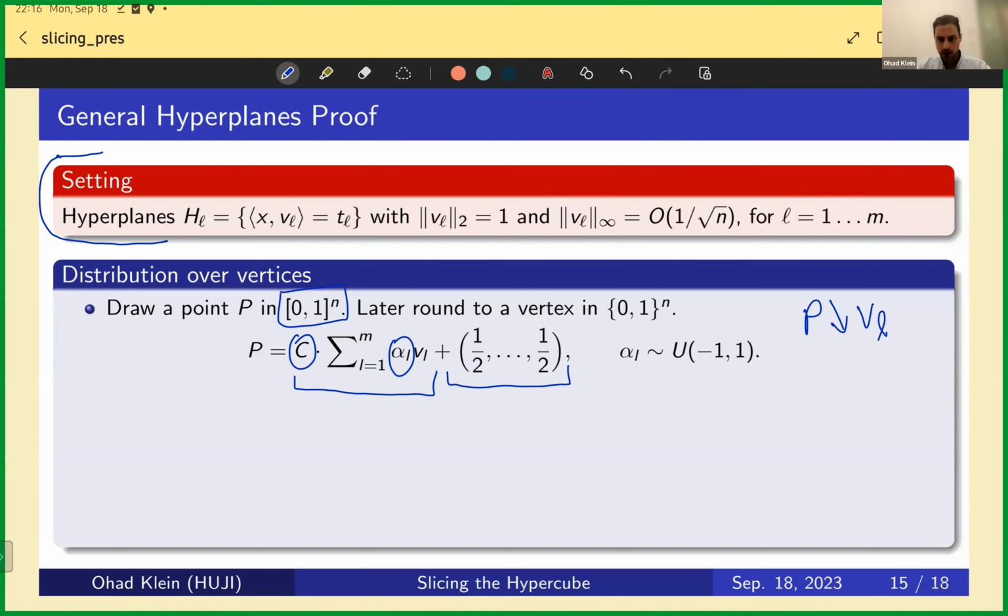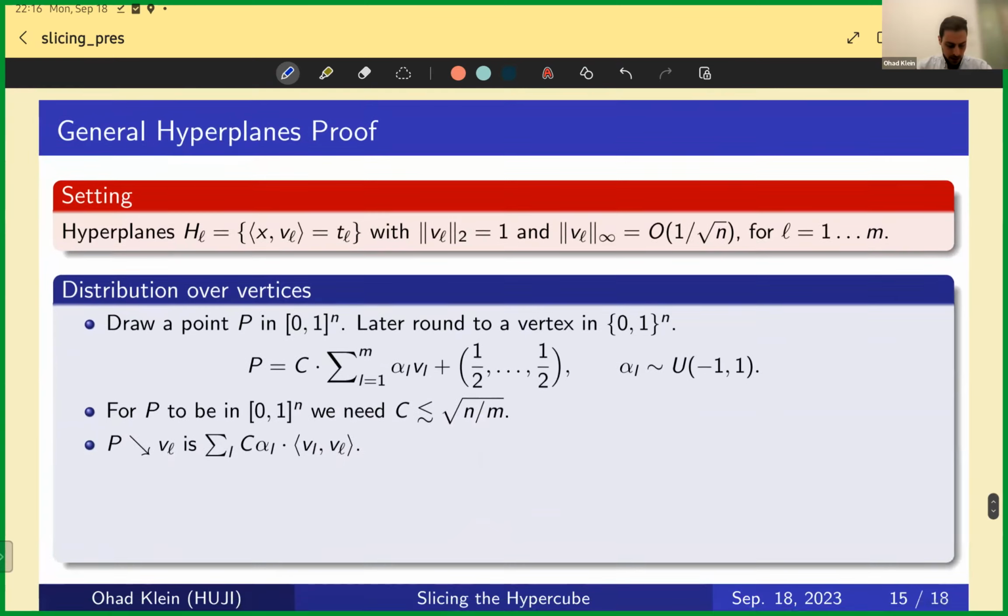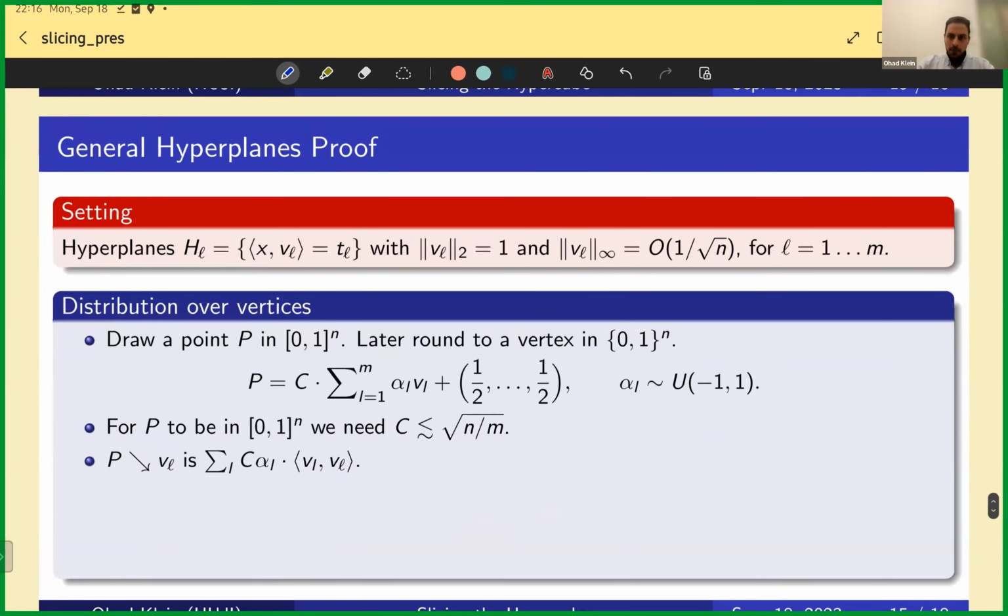Now let us see how we satisfy both requirements. First, for P to be inside the solid cube, we need to take C to be not too large. If we take C to be too large, then our point is likely to be outside the solid cube.